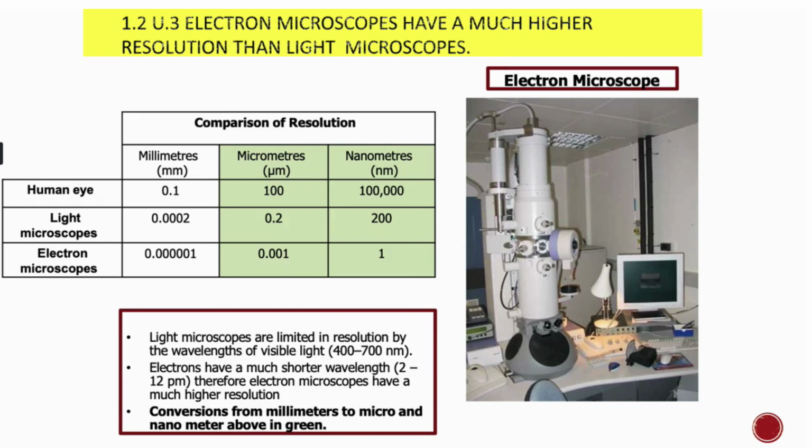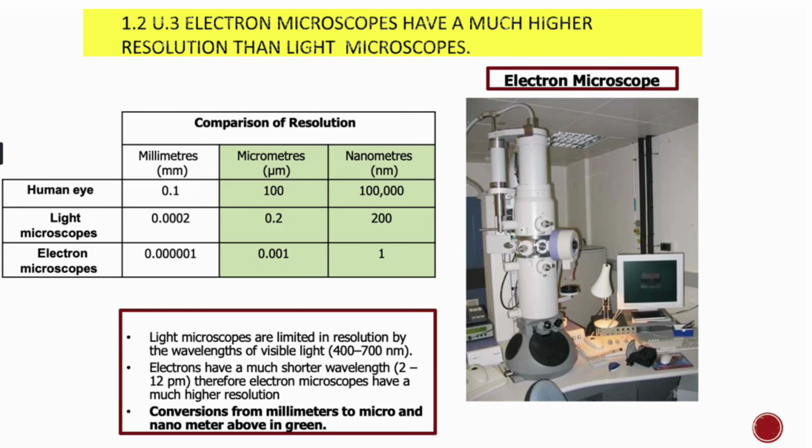We have light microscopes and electron microscopes. The human eye can only see what is visible, but we cannot see something unicellular, so we need a light microscope and electron microscope to dive into the cells or living organisms.